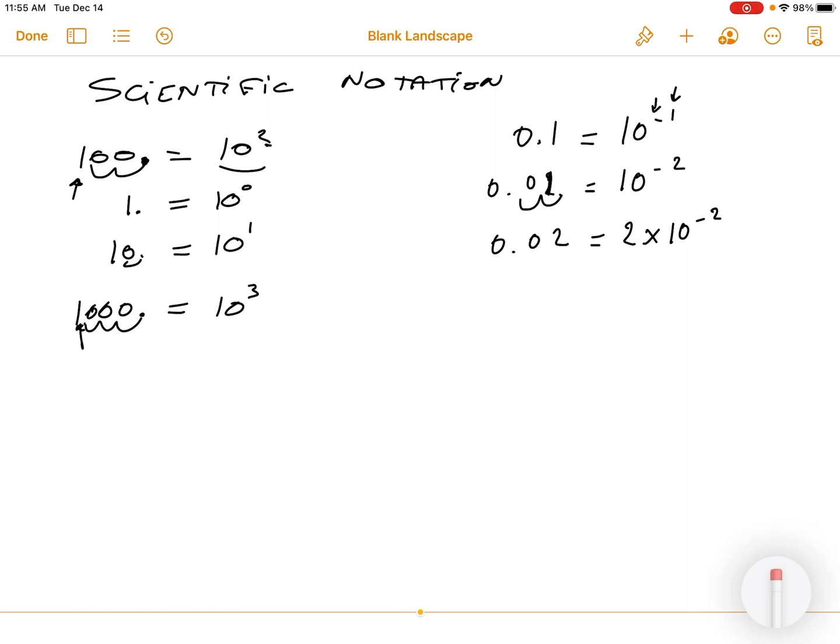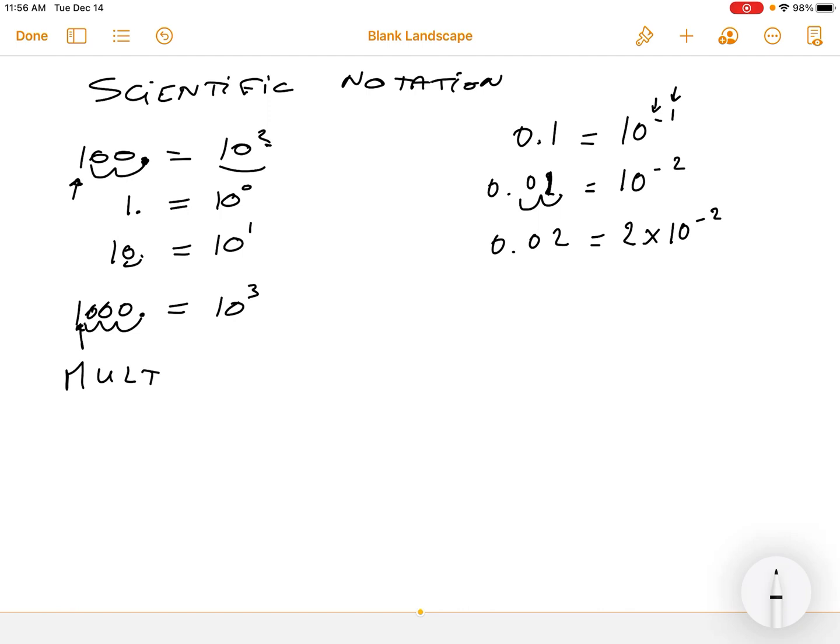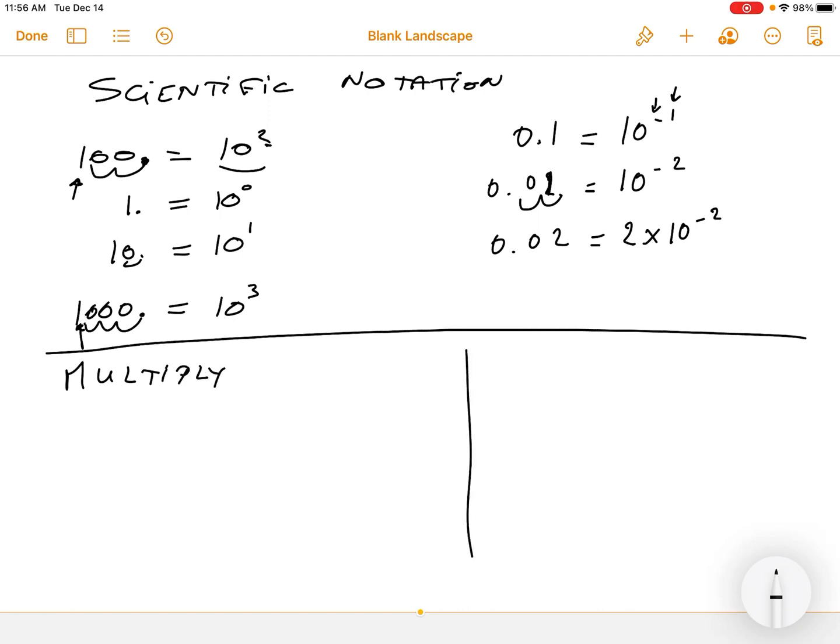So let's start with a multiplication. I will do the case when we multiply and the case when we divide two scientific numbers.